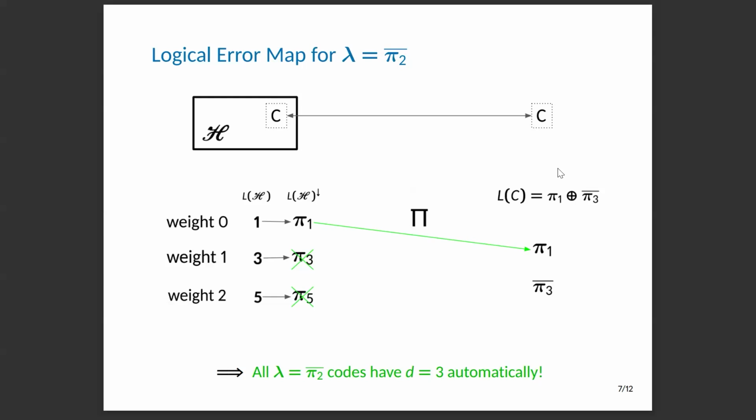The miraculous thing that's happened is the weight 1 errors still transform in pi3 because that's controlled by SU2, the ambient group. That's controlled by the fundamental representation. But because we've in some sense picked the anti-fundamental representation for our code space to transform in, then the logical errors on our code space have to transform in pi3 bar, and it is impossible for pi3 to map to pi3 bar.